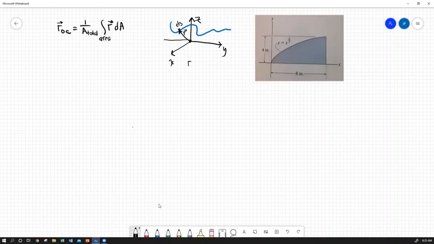In this case, the radius vector from our origin to the centroid of this crazy bendy wire out here in space is going to be 1 over the length times the integral over the whole length of wire.